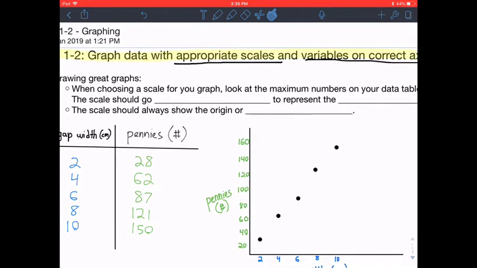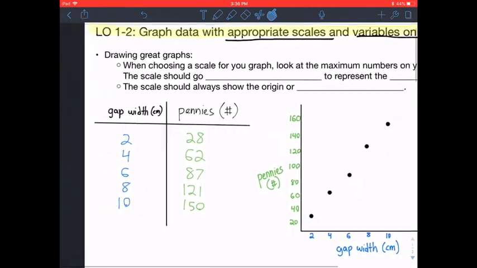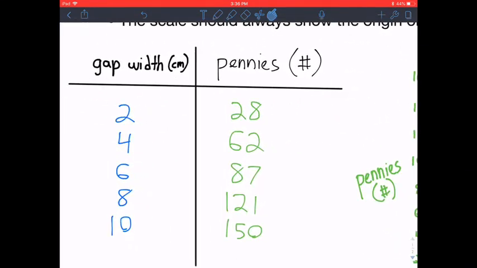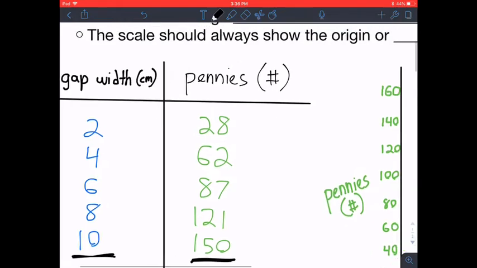So when choosing a scale, you're usually going to start with a data table like this. And so the first thing you need to do is look at the maximum values. For the x-axis over here, gap width, I've got a maximum value of 10. For pennies, I have a maximum value of 150.